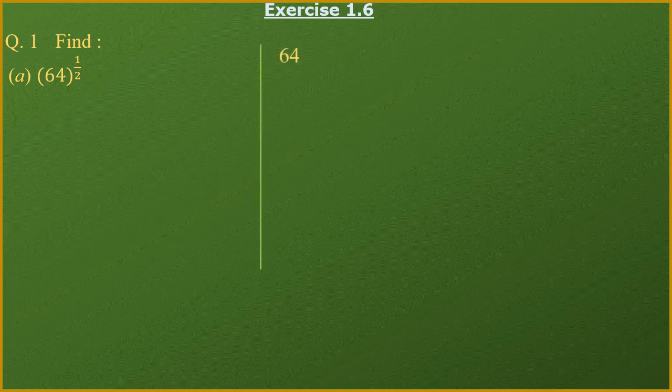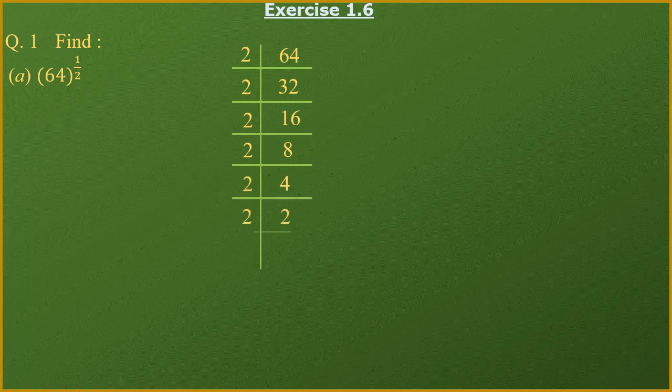If I start dividing by 2, it will remain 32. After dividing it, 32 I can still divide by 2, so this will remain 16. Again if I divide, it will remain 8. Again if I divide, it will remain 4, and I continue the same process till I get 1.